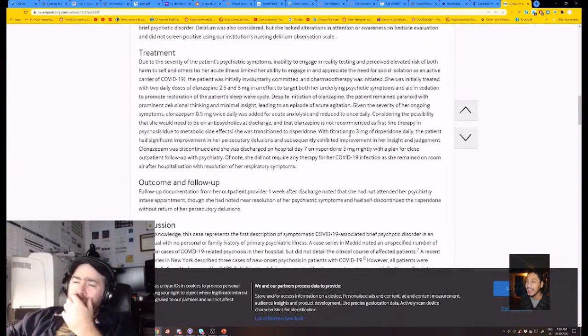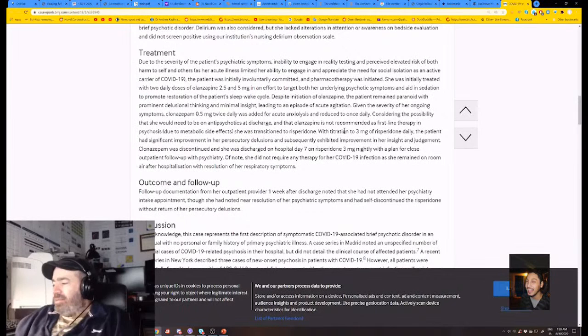Yeah, and it might be the case that you're going to see prescriptions going up for these drugs, the atypical antipsychotics, as people recover from this illness, right?